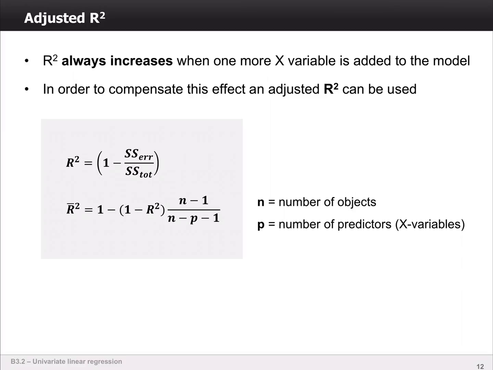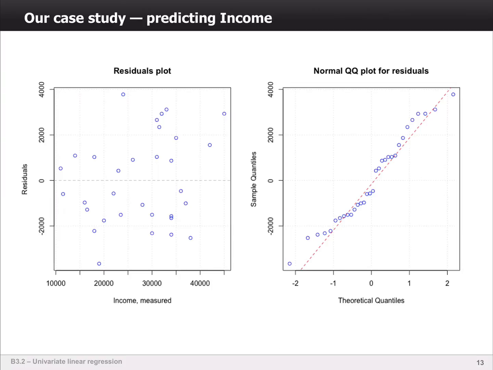To adjust that, we calculate it as follows. We use the number of objects and the number of predictors, the number of x variables, to compensate for this influence. So you can see that if we calculate it this way, the R squared will be a little bit smaller than the normal one. So it's a compensation for the number of variables, and it's a good idea to use adjusted R squared instead of the original one.